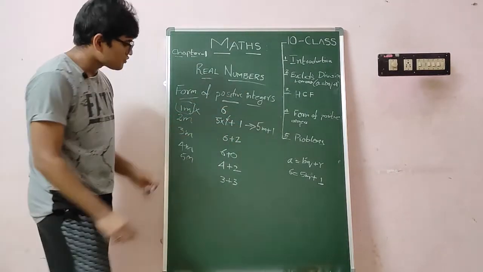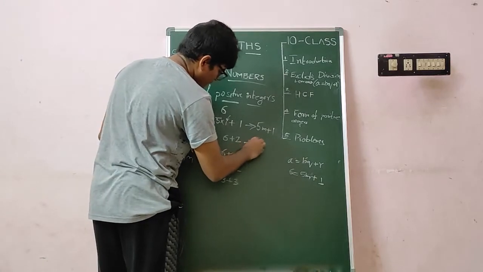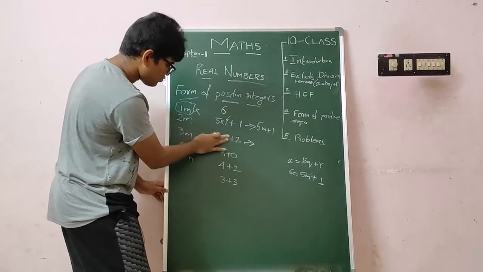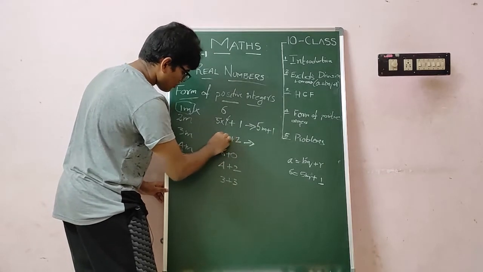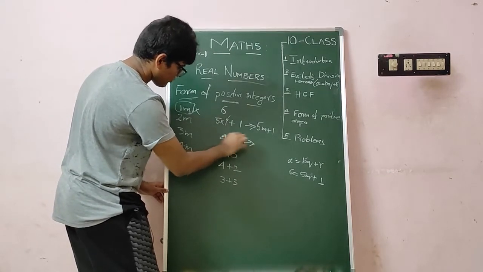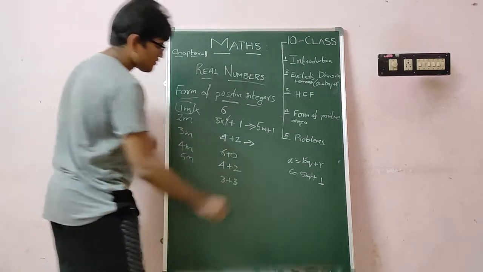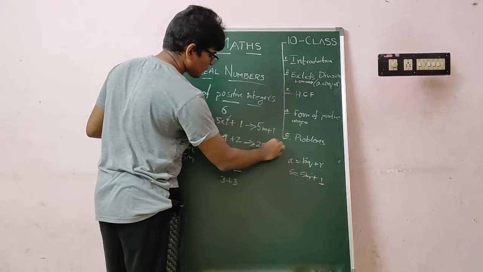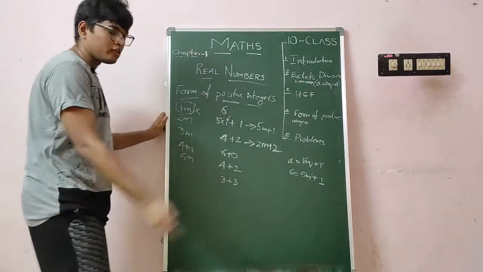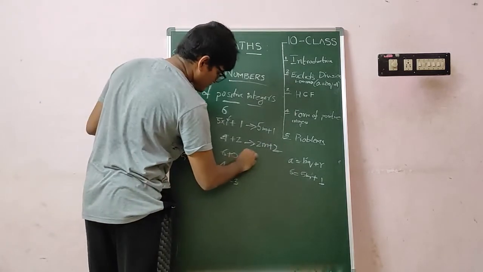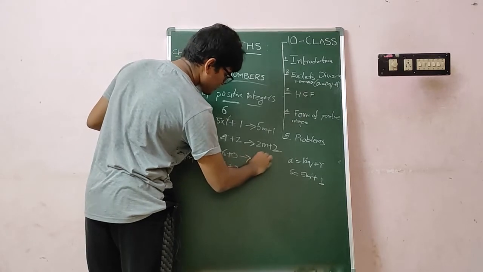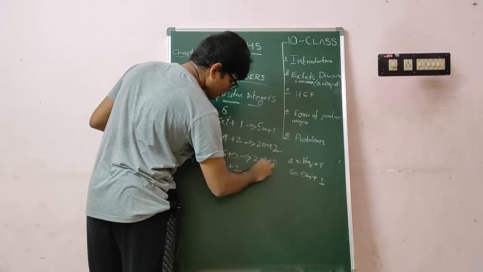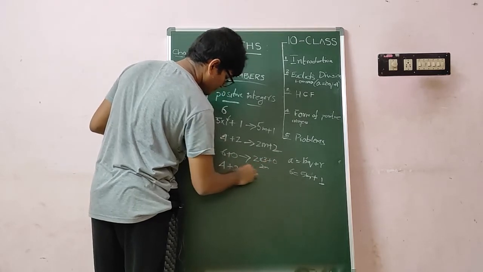We can come here, students. It is not 6 plus 2, it is 4 plus 2. Here we can represent this as 2m plus 2. Is that right, students? We can write this as 2 into 3 plus 0, that means 2m.